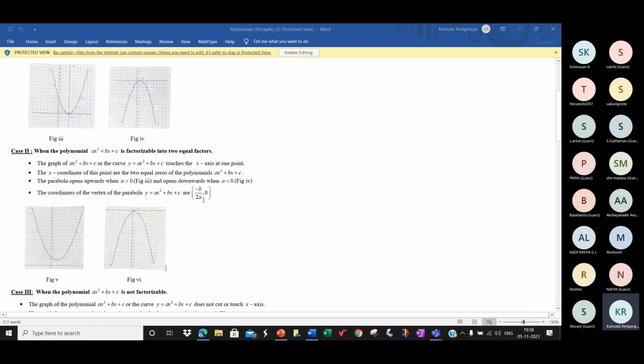And in this case, the vertex of the parabola is given by the coordinates minus b by 2a, comma 0.